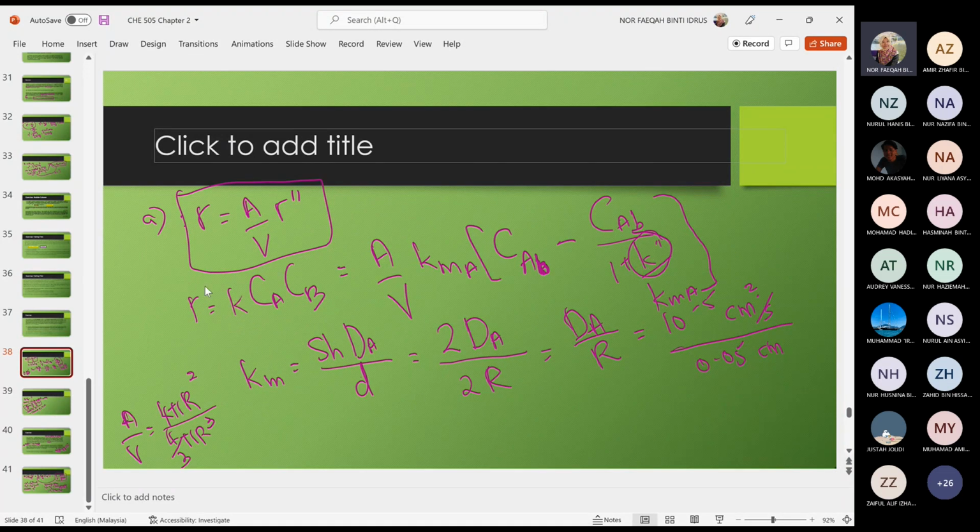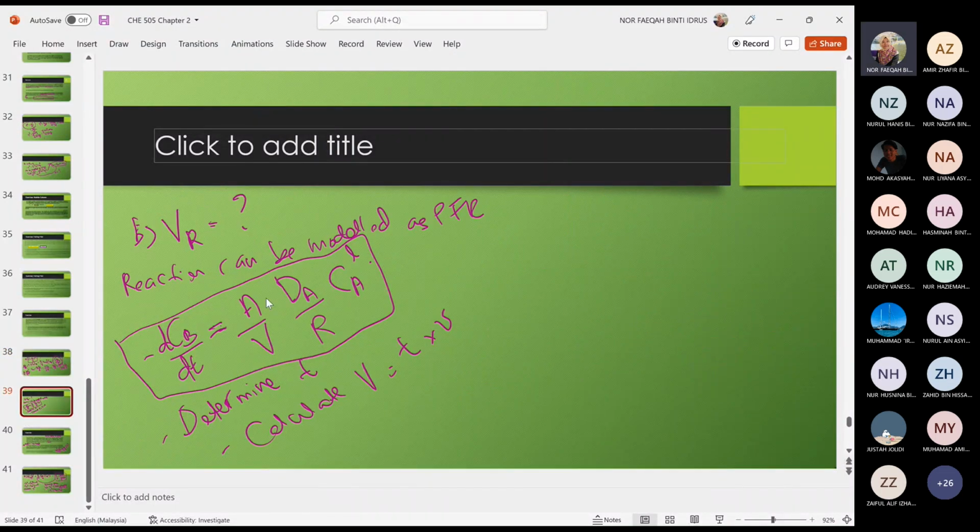So, R ni bolehlah ganti masuk negatif di CA over DT. Tambah lagi. Okay. So this is the mass balance equation. After dah tulis mass balance equation, next you kata this term can be negligible. So simplifykan the equation and then solve the design problem. Okay. Macam ni.